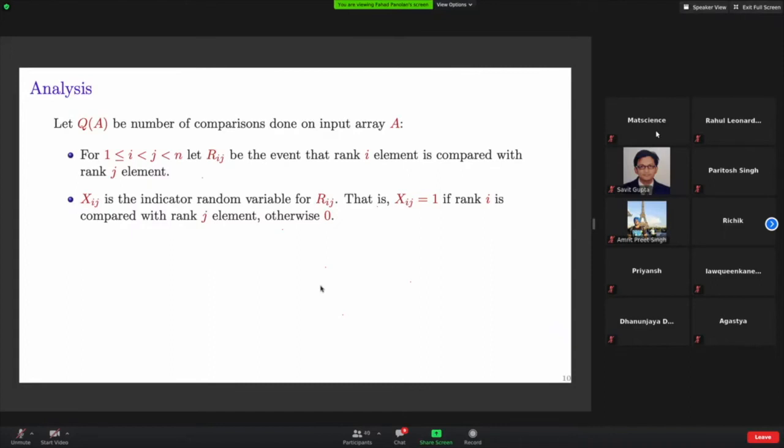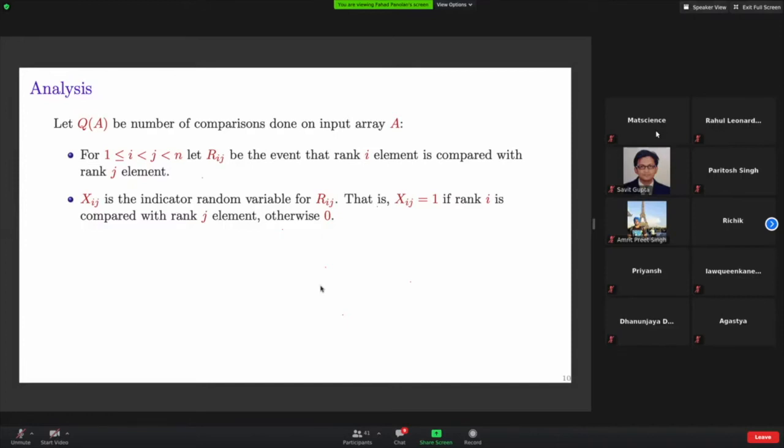You sort your array, and look at which element comes in the ith location in the sorted list. That is the rank i element, and the rank j element is the jth element in the sorted list. Rij is the event that these two elements are compared.